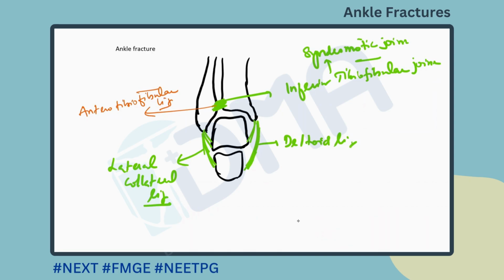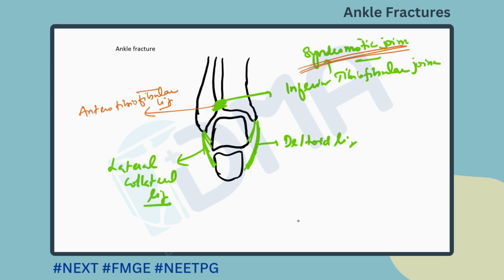Similarly, you have the posterior tibiofibular ligament. These ligaments form the syndesmotic joint. They are very, very strong ligaments. They won't tear that easily. They can even fracture a bone, but they won't get torn easily.